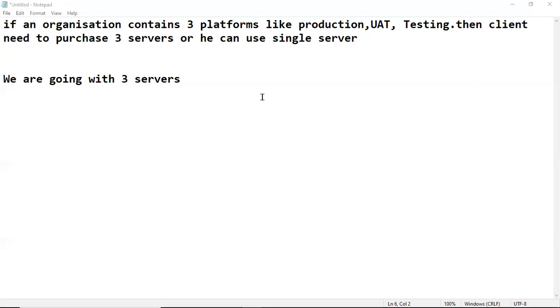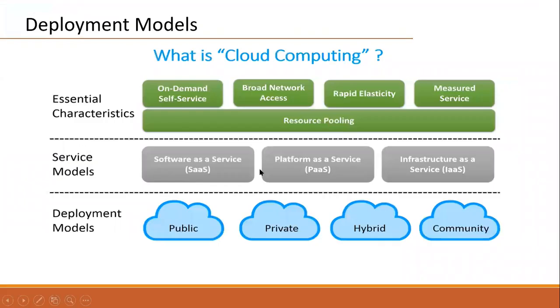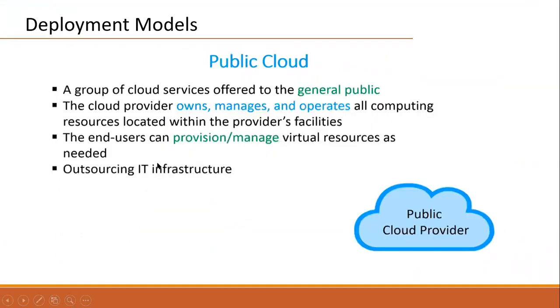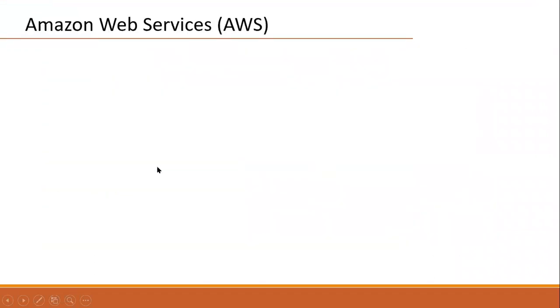Okay. These are the basic concepts we have seen till now. Let's jump to AWS, Amazon Web Services, so that we can start practically. Some detailed information I have written, what is public cloud, what is private cloud. Later you can see this.